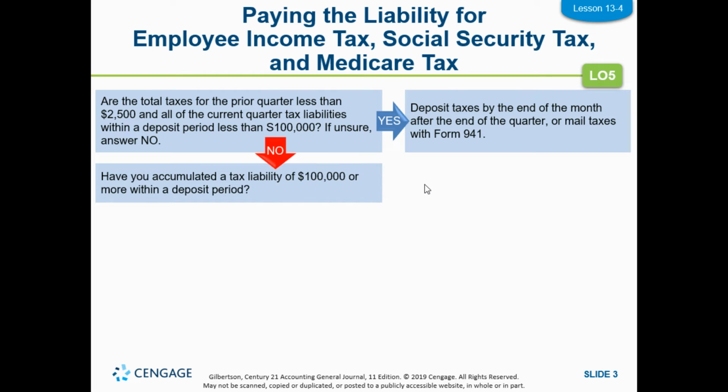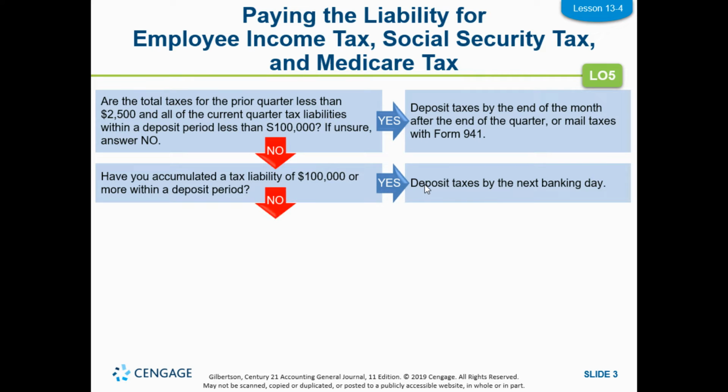If no, have you accumulated a tax liability of 100,000 or more within a deposit period, like a pay period? That's a lot of taxes. There are not going to be a whole lot of employers that fall into that category. And they're saying, if you've got that much money, we want it now. We want it the next banking day. Well, that's not most people, all right?